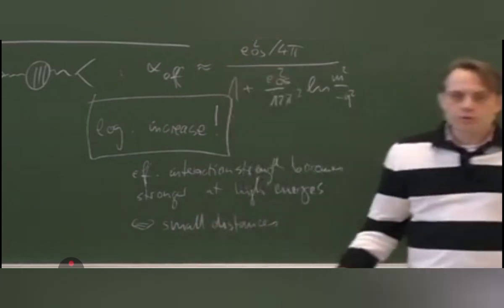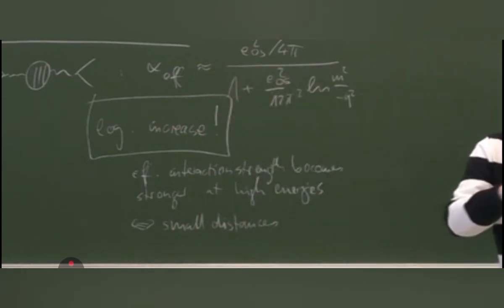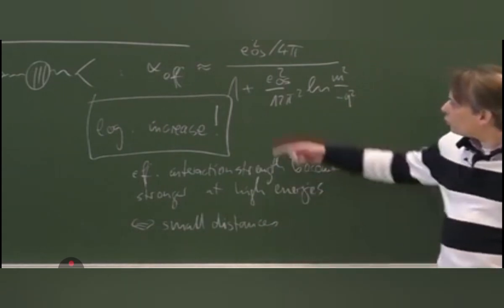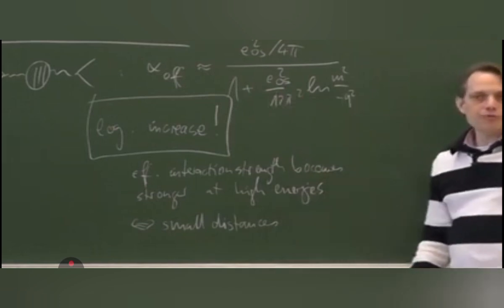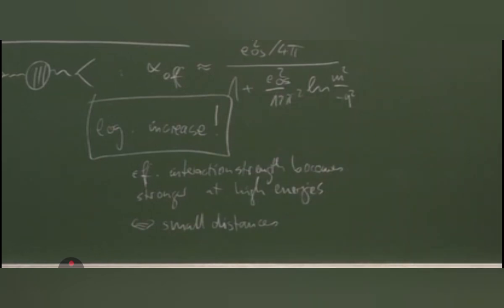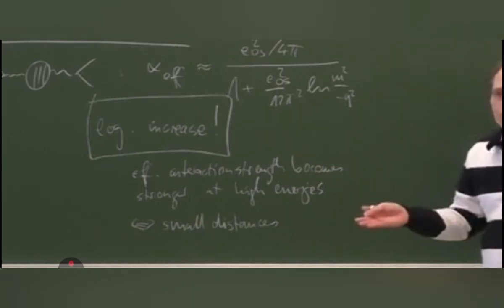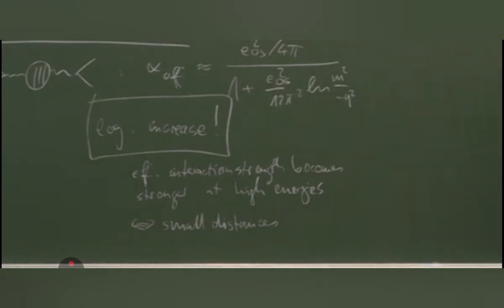So you probe smaller and smaller distances, basically the two fermions get closer and closer to each other, and by getting closer and closer they feel a stronger interaction than you would expect from classical electrodynamics. So the interaction strength gets stronger than the typical 1/r potential.